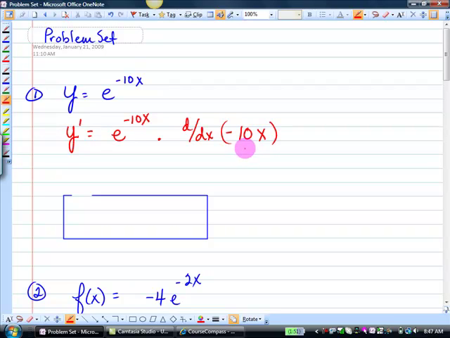All right, so the only place we have to take the derivative is right here, and what's the derivative of negative 10x? Negative 10, thank you. Okay, so y prime equals e to the negative 10x times negative 10, and usually that's going to go to the front. So that's our answer for that one.